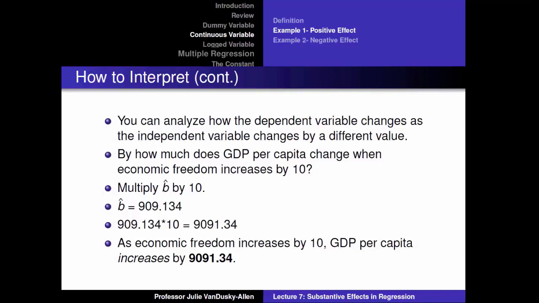Then you rewrite your template to indicate by how much the independent variable and dependent variable are changing. In this case, we would say as economic freedom, the independent variable, increases by 10, GDP per capita, the dependent variable, increases by 9091.34.